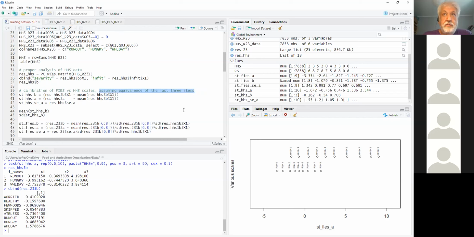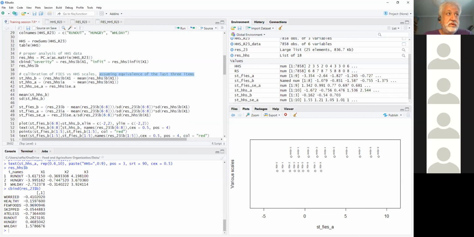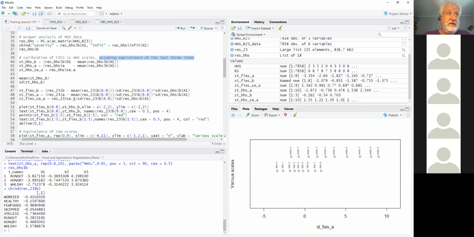One assumption is that there is full equivalence between the 3 items of the HHS and the last 3 items of the FIES. So I'm imposing that these are the common items, and therefore calibration amounts to ensuring that the common items have the same mean and the same standard deviation, which is what I have achieved by doing this rescaling.